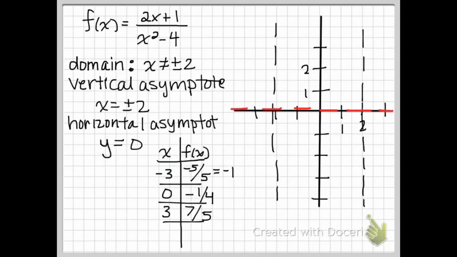Now in the table, I have a value of x from each region, and I'm going to plot that point. So this first one here, -3, -1, is going to be here. And then that is all I need to know. Once I've got it that it's down there, I'm just going to approach the asymptote from there.